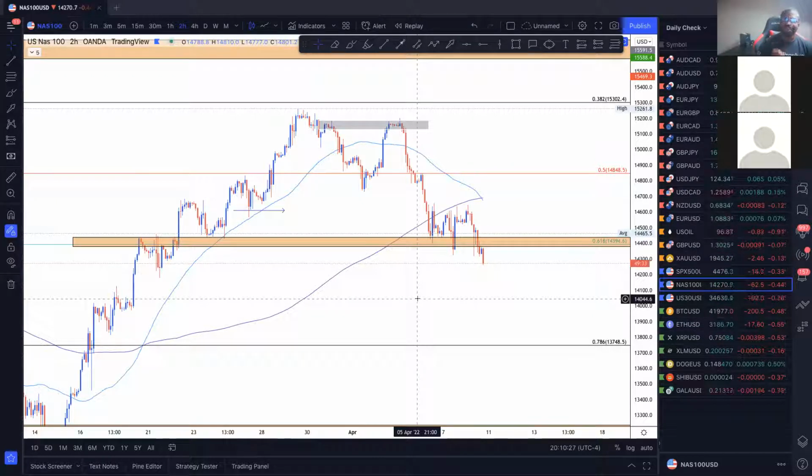US 30, NASDAQ, and S&P all typically move in the same direction, but that does not mean they all move in the same direction at the same time. So we caught one while it was in the buy, but the other was still selling. So don't buy one just because the other moves. Take your time and do your analysis on each chart individually.